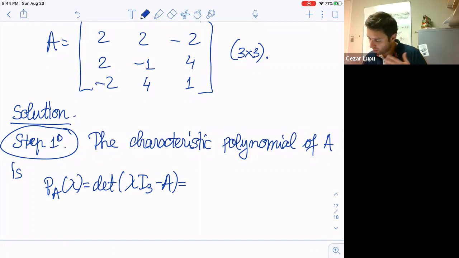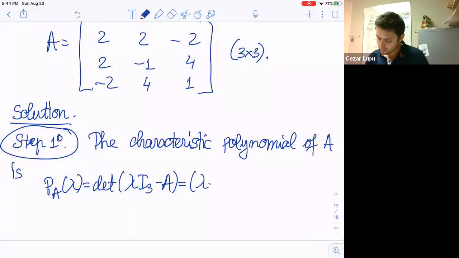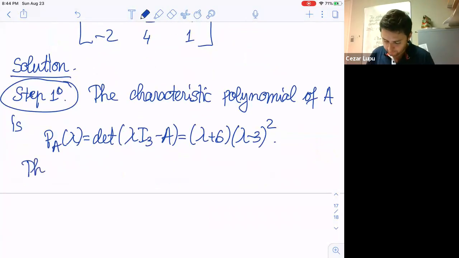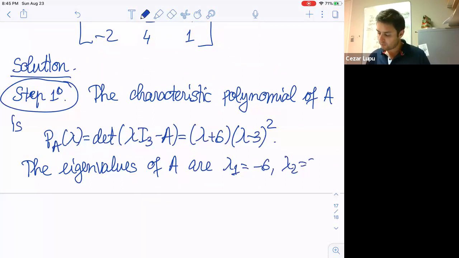If we compute everything together, the determinant will be lambda plus 6 times lambda minus 3 squared. Okay, great. The eigenvalues of A are lambda 1 equals -6 and lambda 2 equals 3, as you can obviously see.